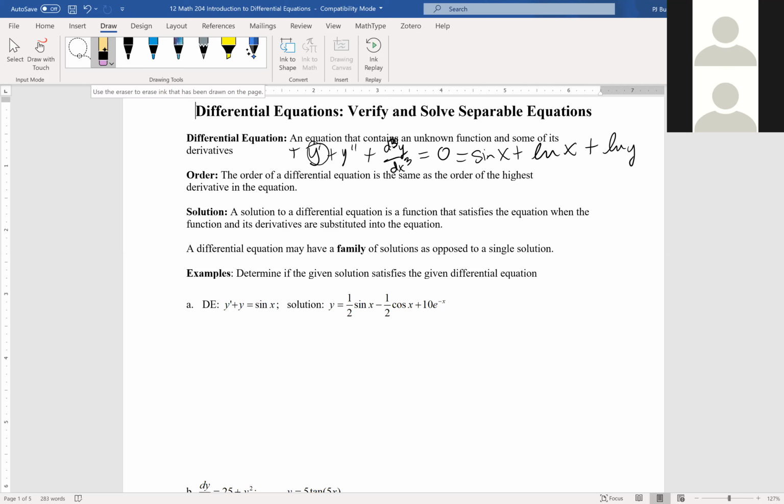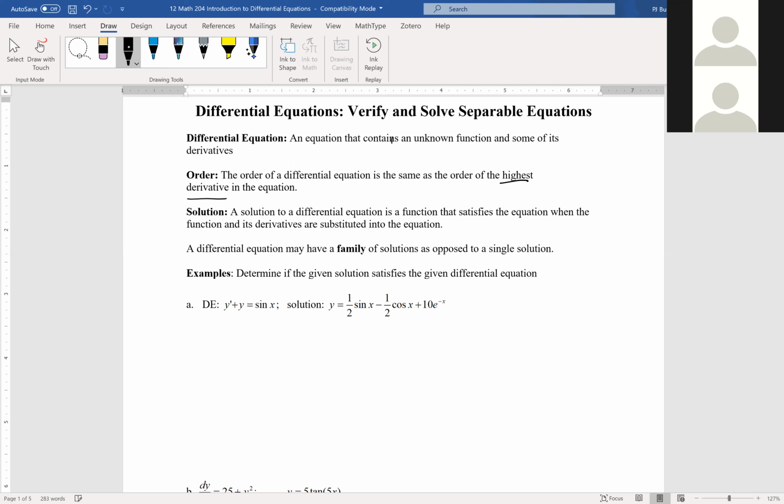So then we can start to describe differential equations. And we use terms like the order of the differential equation. The order comes from the highest derivative. So again, if we just look here at a, for instance, we only have the first derivative there, right, y prime.